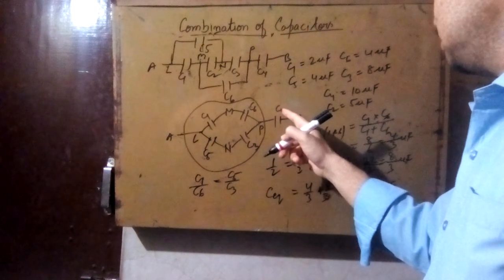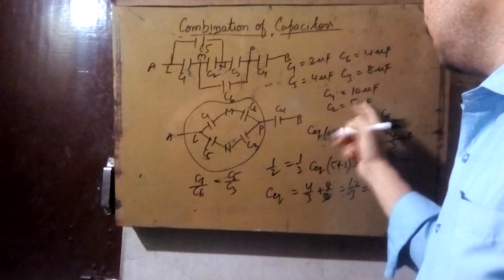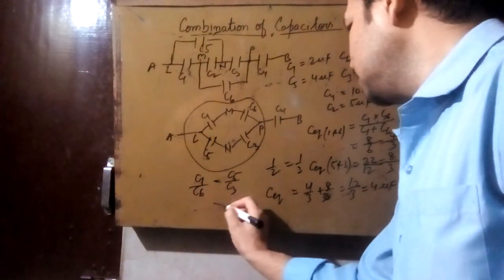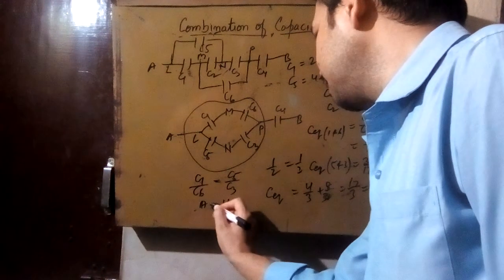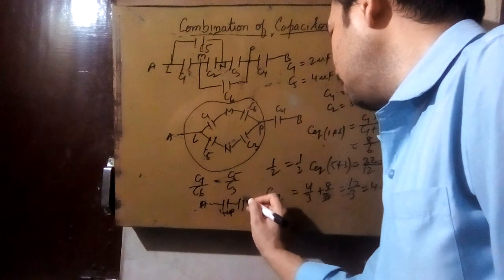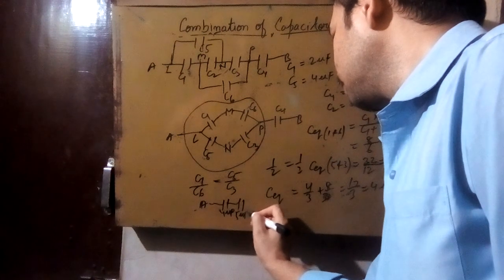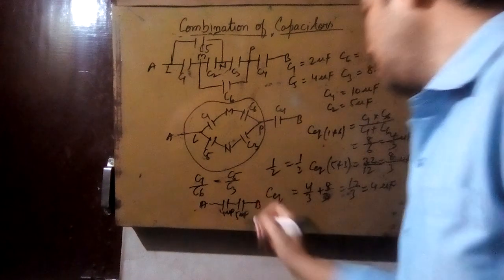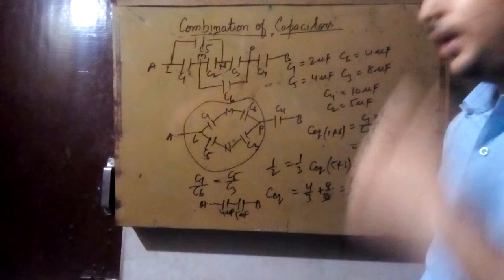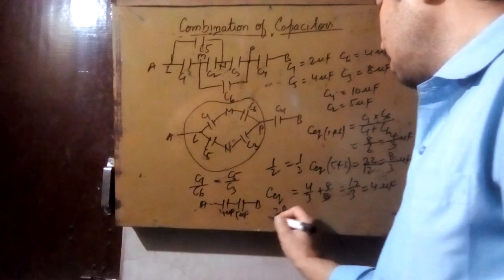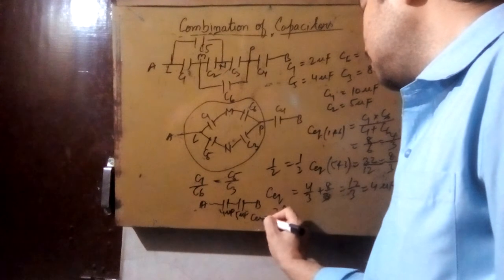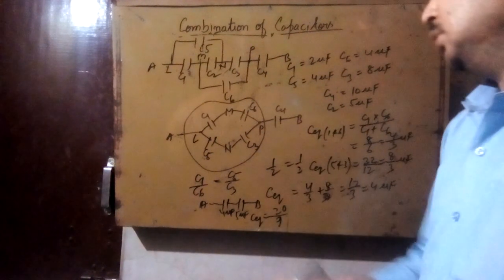Now this 4 microfarad is in series with C4, which is 5 microfarad. This is point A. Now you can calculate the equivalent of 4 and 5. So this is in series, so 5 into 4 is 20 by 9. This is the equivalent capacitance of the combination.